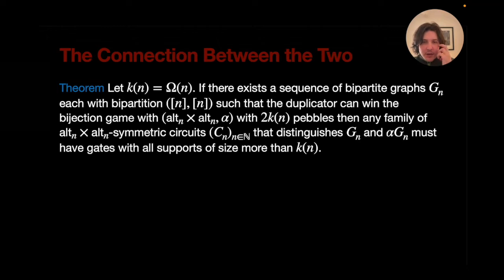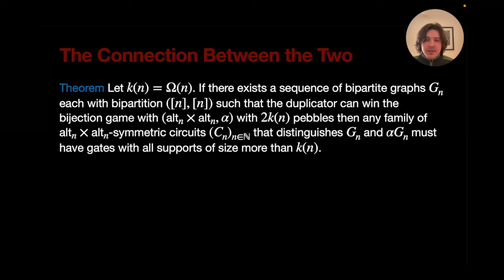But essentially, the crucial thing is the following. We have a sequence of graphs, which can be bipartitioned into two partitions of size n, and here I explicitly say 1 through n and 1 through n because we want to treat these as input to a circuit, and so we need to actually have labels for the different vertices to do so. I'll brush over the details of how this is normally treated.